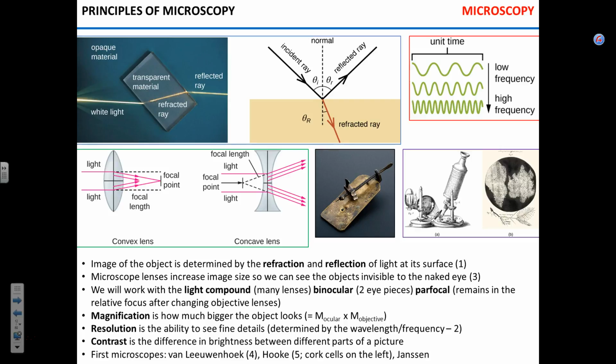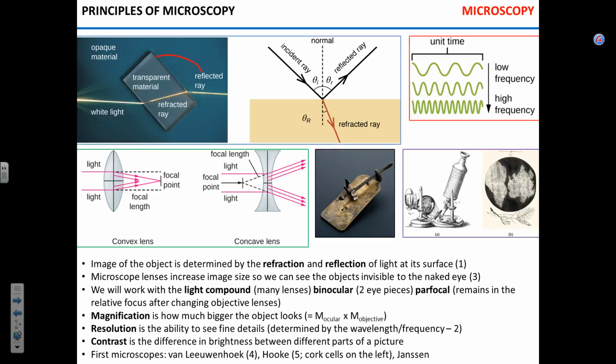So what is the microscope? It's a system of lenses. I always have a problem with singular and plural in terms of lens. Lenses, you're correct. You have the ocular lens, the eyepiece, and you have the objective lens. Now, the microscope works on the principle of refraction.